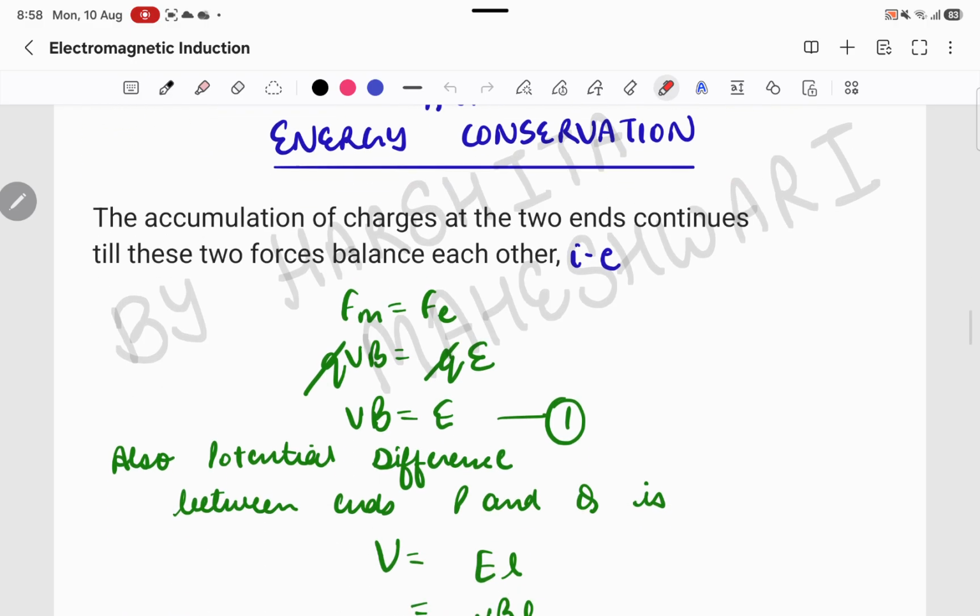The accumulation of charges at the two ends continues until these forces balance each other, which means we have to equate the electric and the magnetic force.